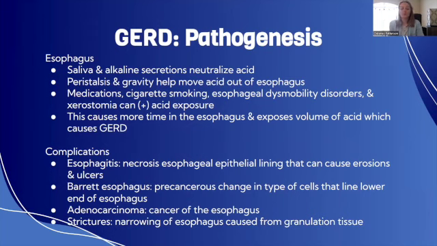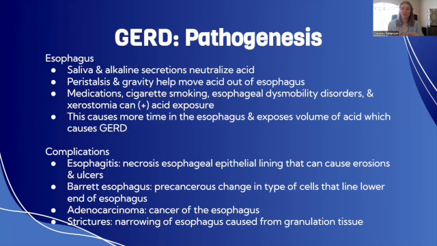The esophagus, when working properly, has saliva and alkaline secretions to help neutralize the acid. It has peristalsis and gravity, which help move food down the esophagus and will also help move the acid out of the esophagus. Some other complications that can increase the acid exposure include medications, cigarette smoking, or esophageal dysmotility disorders.